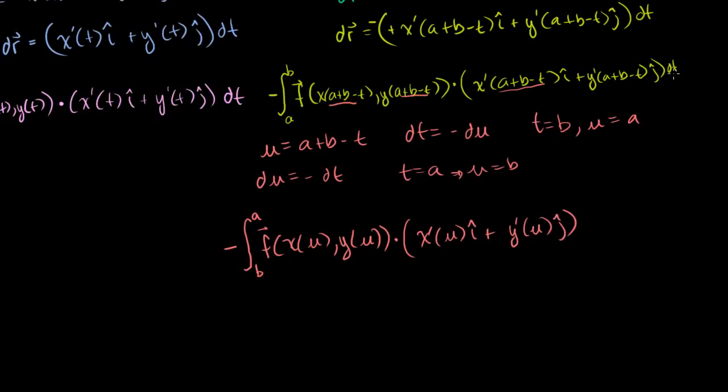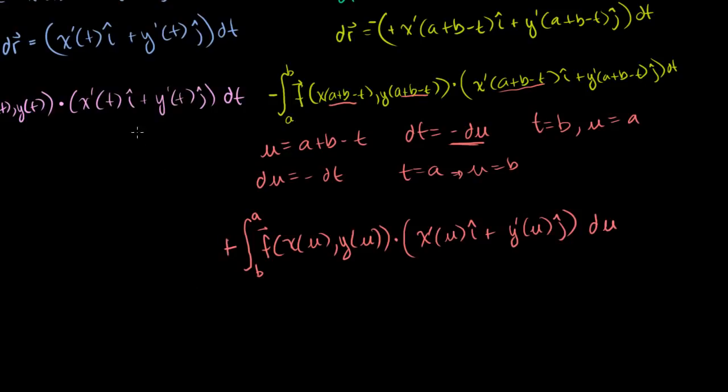And then instead of a dt, I need to put a du. dt is equal to minus du. So I could write minus du here, or just to not make it confusing, I'll put the du here and take the minus out front. I already have a minus out there, so they cancel out.